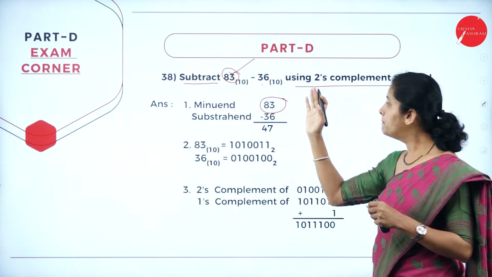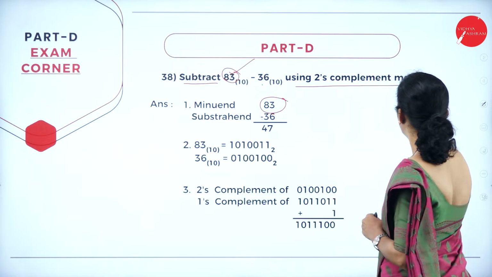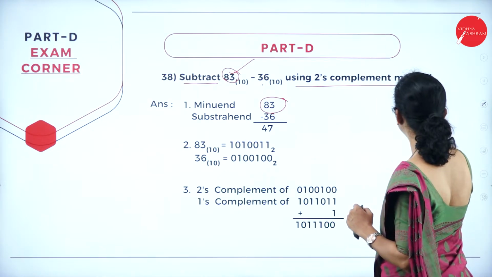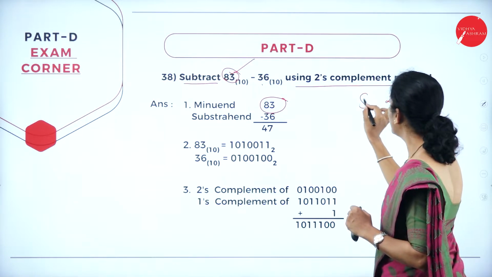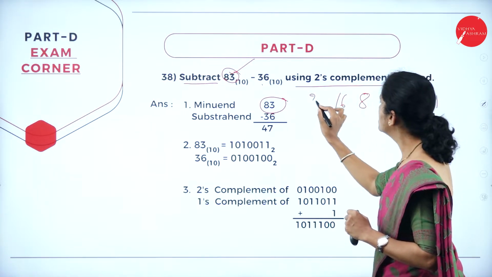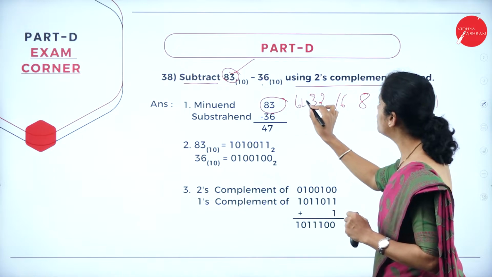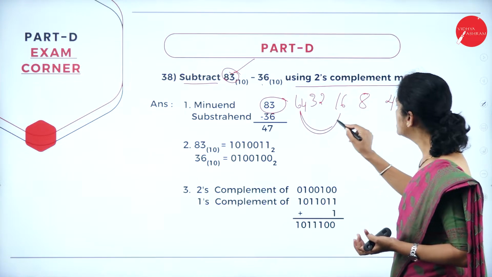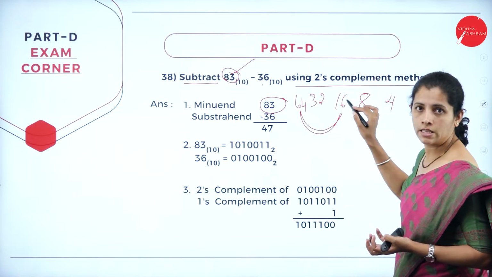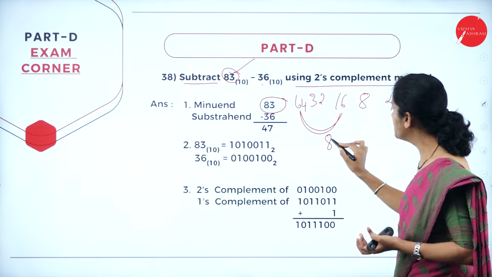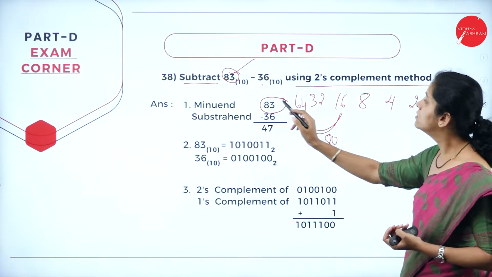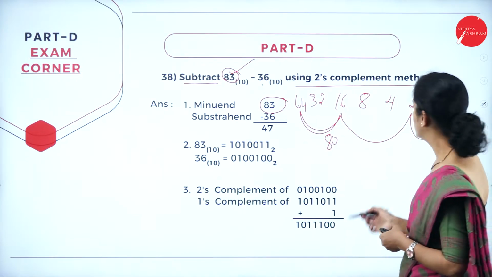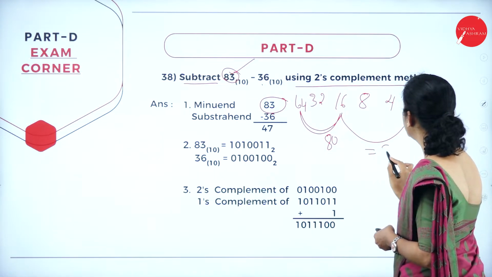At the beginning, I want to convert this decimal number to binary. I'm going to use a simple method: I'll write 1, 2, 4, 8, 16, 32 and 64. Now I will add 64 plus 16, it is 80. Along with that, I'm going to add 2 and 1. Now what is the value? It is 83.